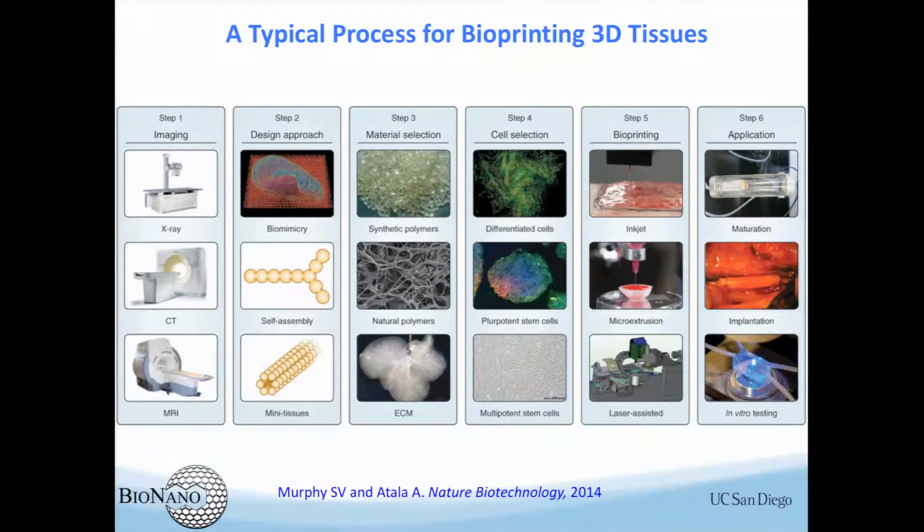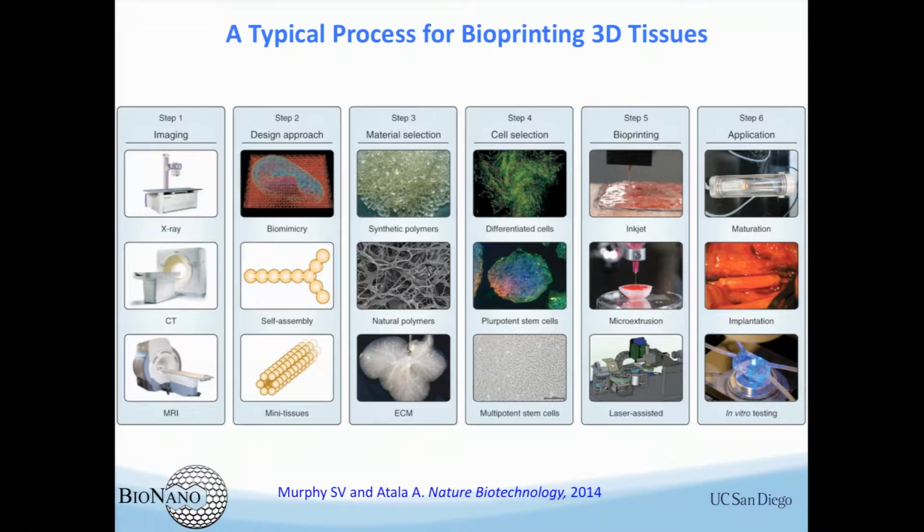This chart shows a typical process for creating this kind of 3D human tissue. You start with imaging, right? You cannot just create a random structure because heart, liver, and brain all have specific topological, physical, and biological shapes and functions. Then you design it using engineering rules.